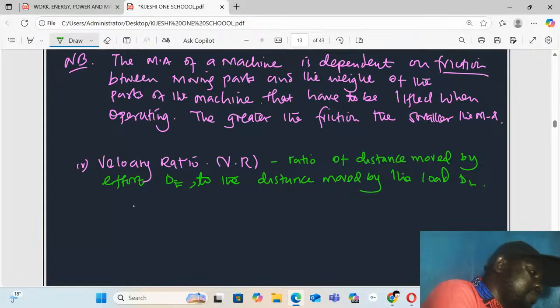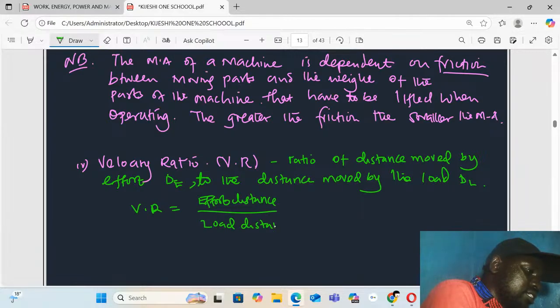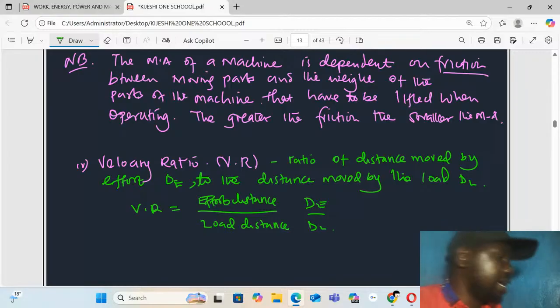So velocity ratio is given by effort distance over load distance, dE over dL.